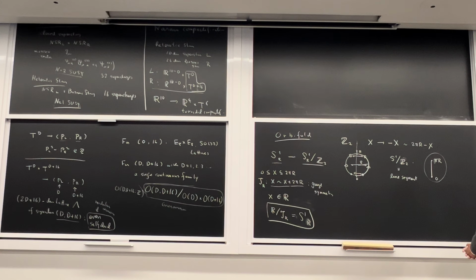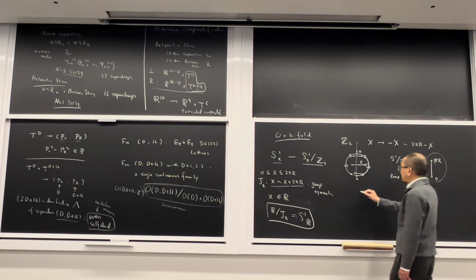If you have a field theory on this space, then you would have to impose boundary conditions on the endpoints. As I'm going to show you, in the case of string theory, the consistency, in particular the modular invariance, automatically tells you what kind of boundary condition you need to choose for string theory on these endpoints. So there is a unique construction.